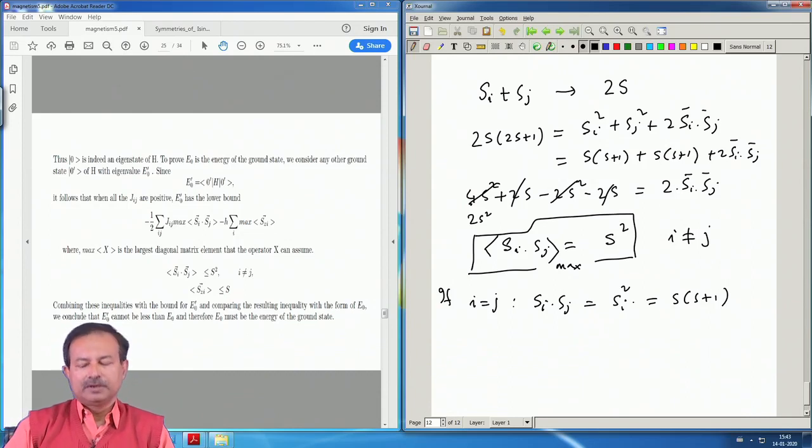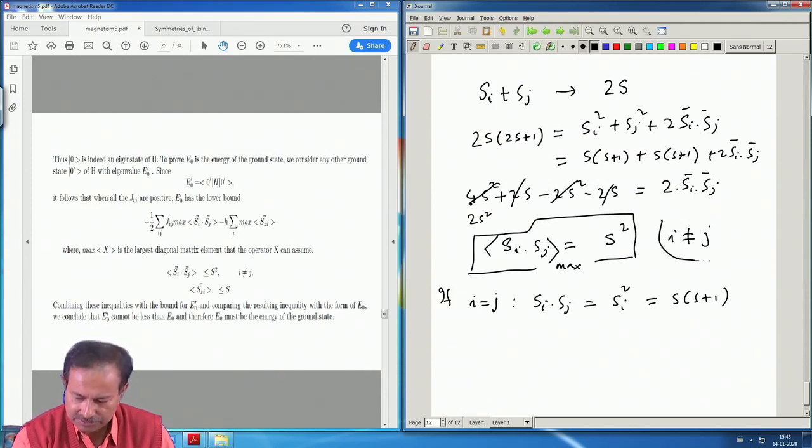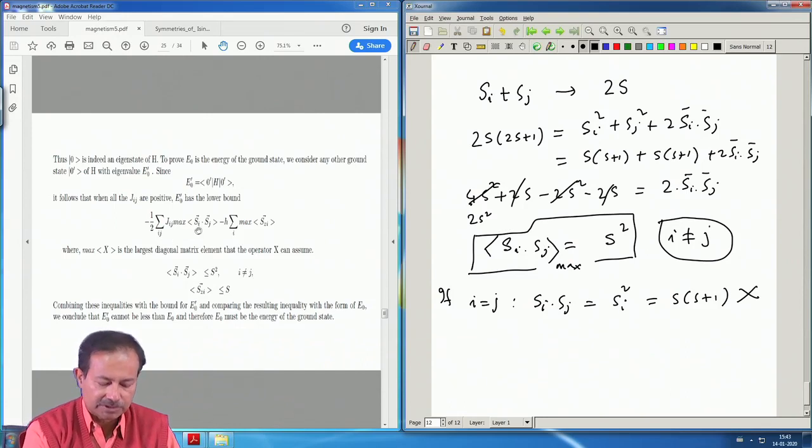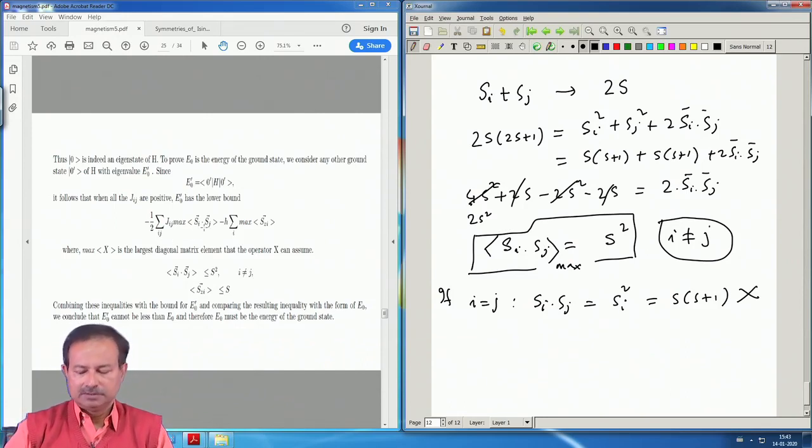What we have is i not equal to j, and this is the maximum value of the operator, the max of Si dot Sj.